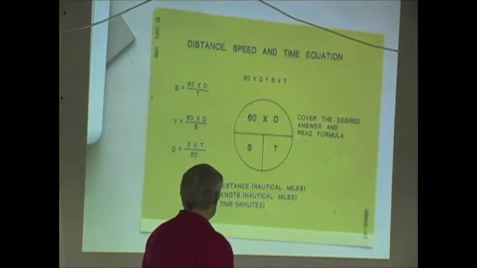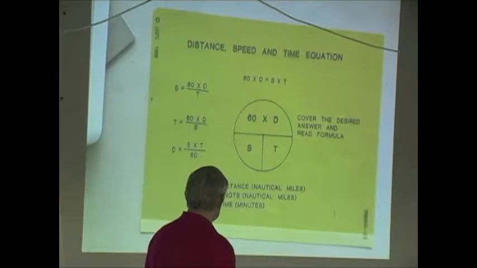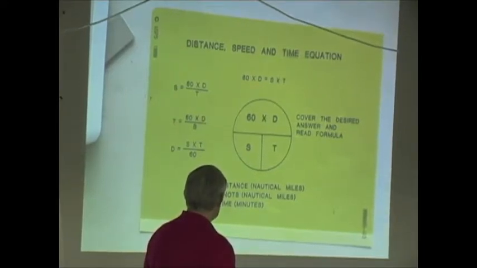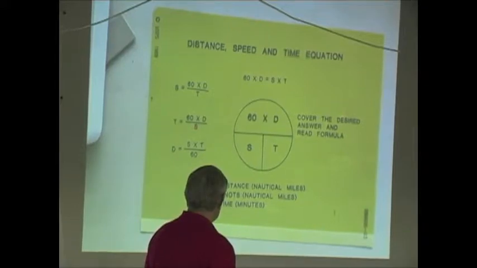You're going to be told what speed you're running, so therefore you're going to want to know how much time it's going to take. So for those of you who have a good math background, you can make a little bit of work here: time equals 60 times the distance divided by the speed. Where the distance is in nautical miles, speed is in knots, and time is in minutes.